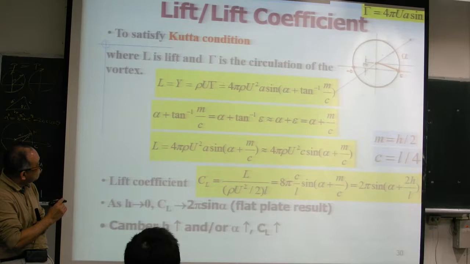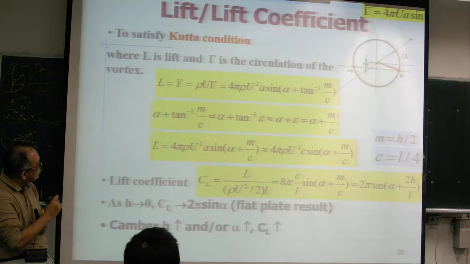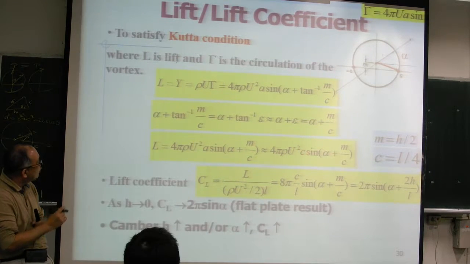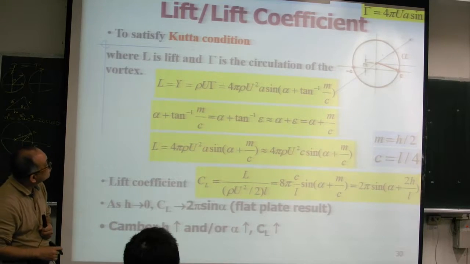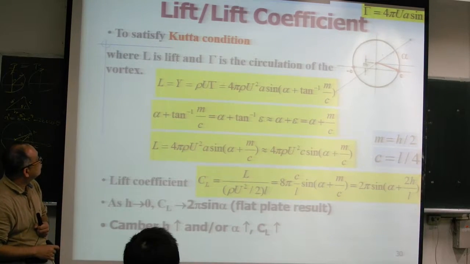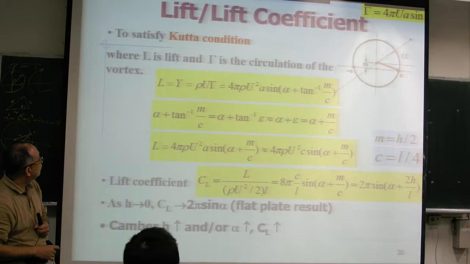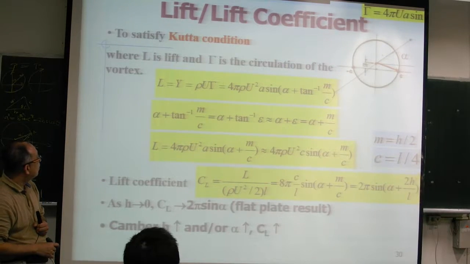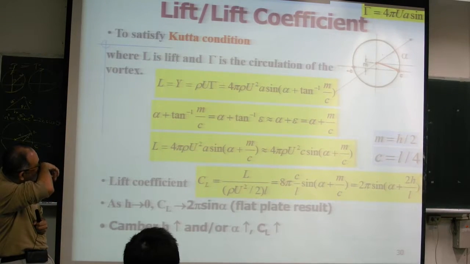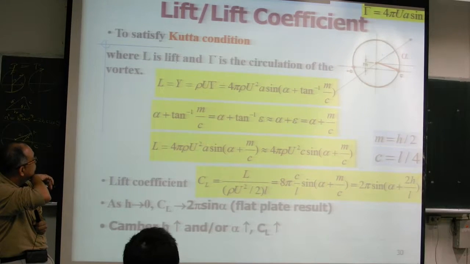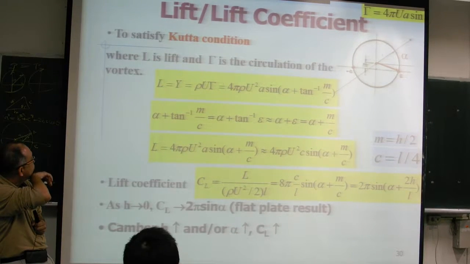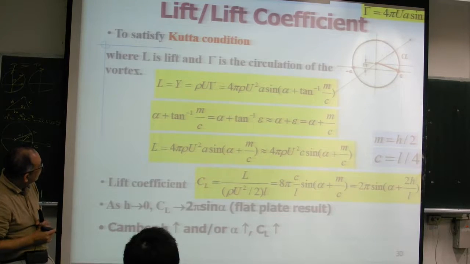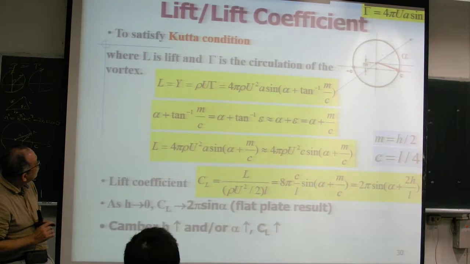Our lift can be generated as 4 pi rho u squared c, because a is equal to c here. Alpha c.